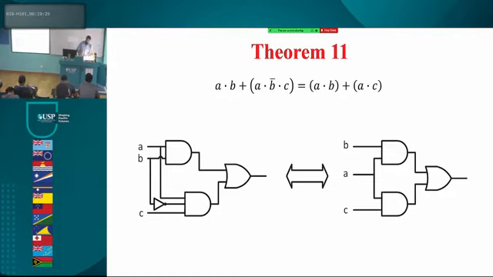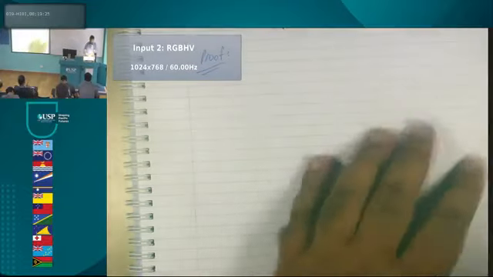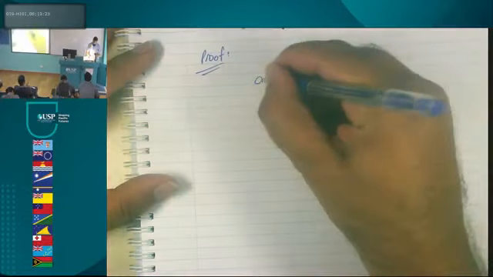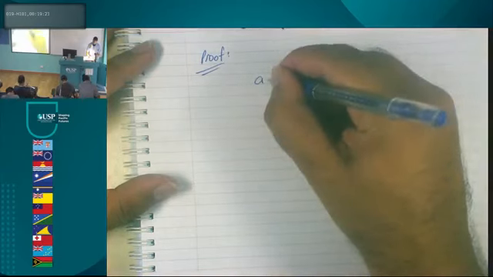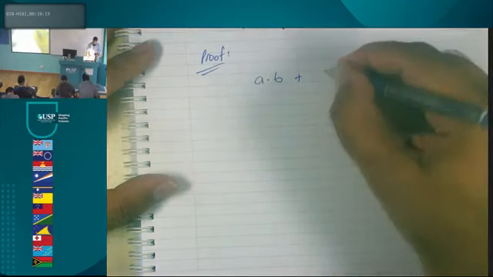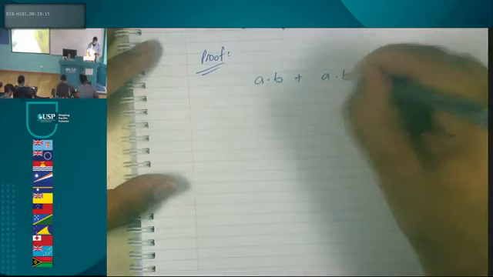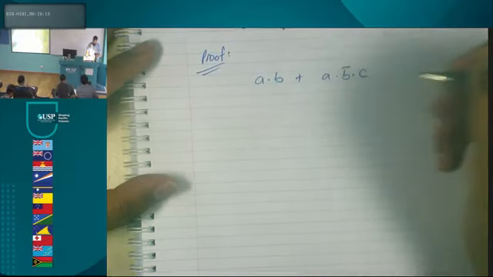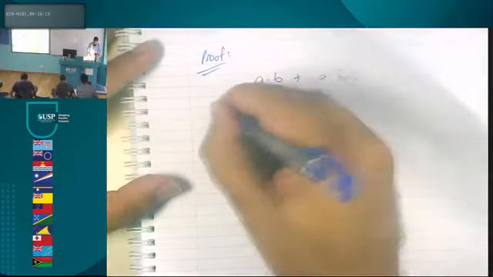Proof, document camera. Let's write out the left hand side: A and B, or A and B bar and C.